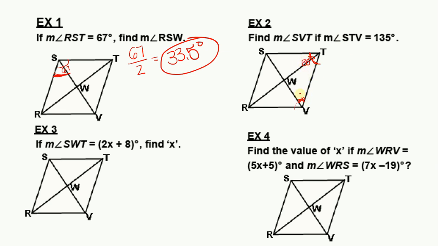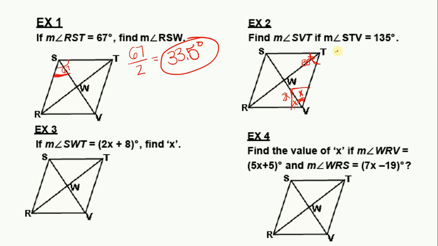So I know that 135 plus this angle plus this little other angle is 180. Well, if I call SVT x, based on that I have a diagonal cutting this angle RVT in half, I know that RVS also has to be x, right? Because this is cutting in half. If this is 35, this also has to be 35. So together, this angle has to make me 2x, right? x plus x, that's 2x.